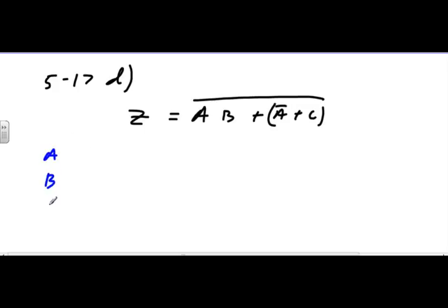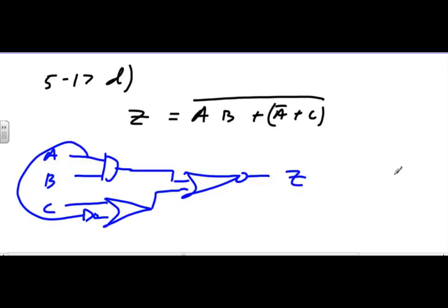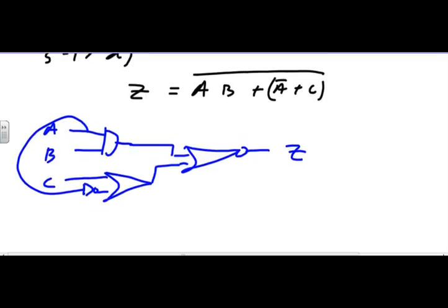A, B, C, A, B, and A naught or C going through a NOR. C. All right, well that seems reasonable.